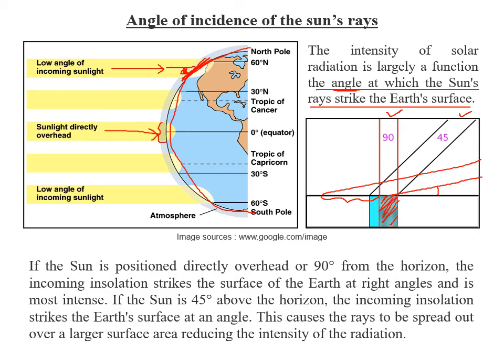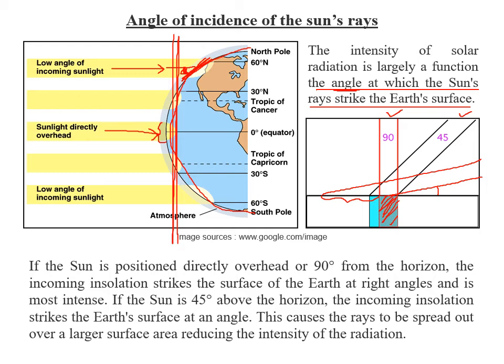If instead of this curved surface there were a flat surface, then on all points over this flat surface the amount of solar radiation received would be the same.